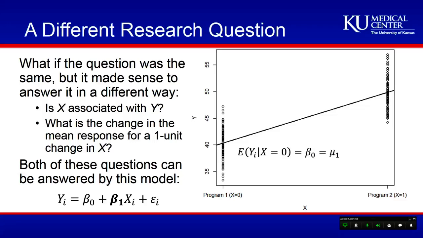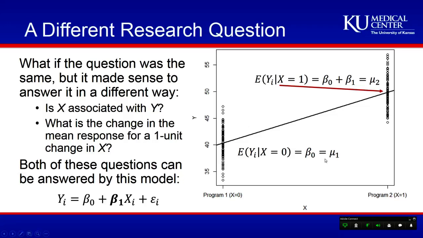We can still answer it with the slope because it turns out that the expected outcome under program 1 and the expected outcome under program 2, we can actually write them as a function of the intercept and slope from the linear regression model.